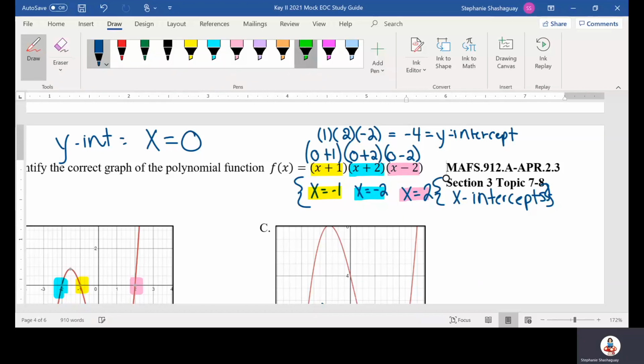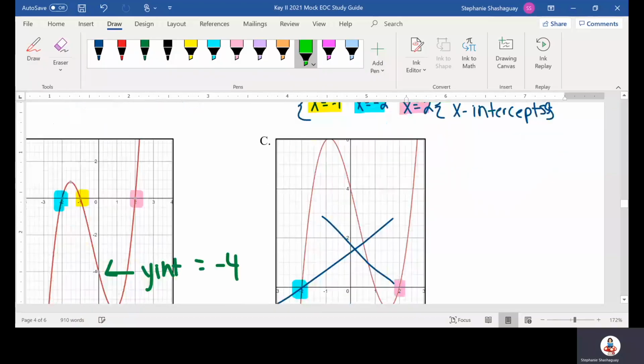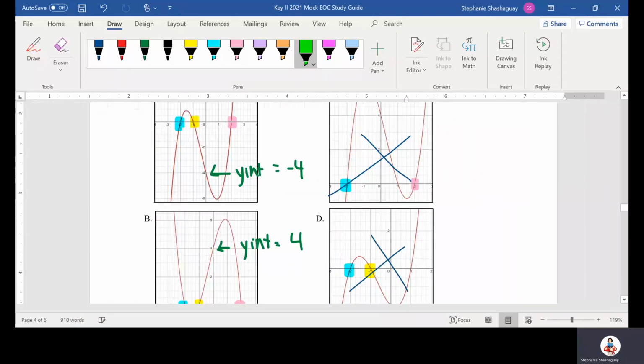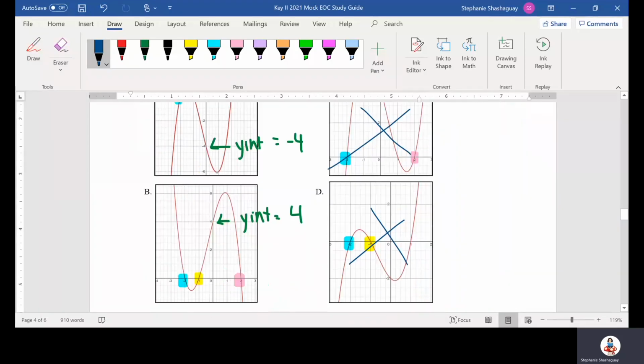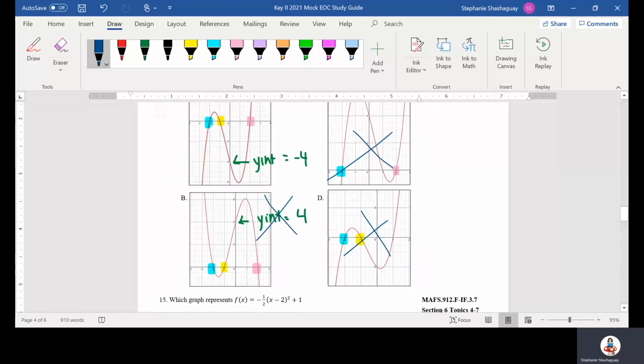And so if my y-intercept is negative 4, that means my correct answer here is A. Because in letter B, my y-intercept was positive 4, which is incorrect. Okay?